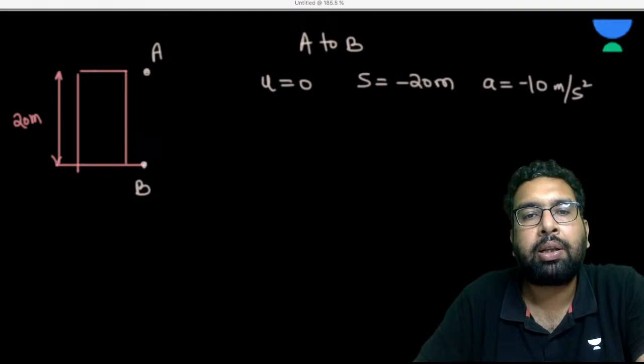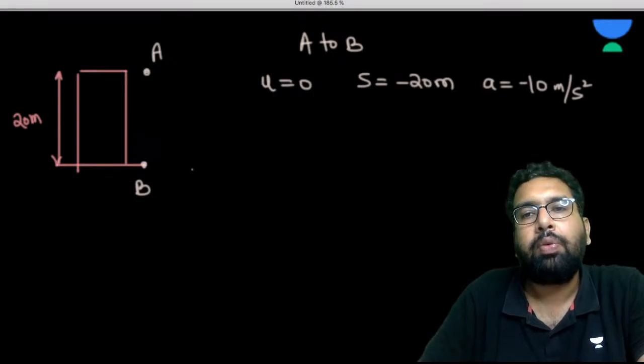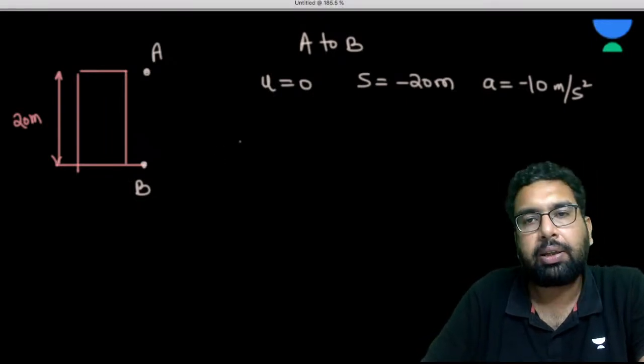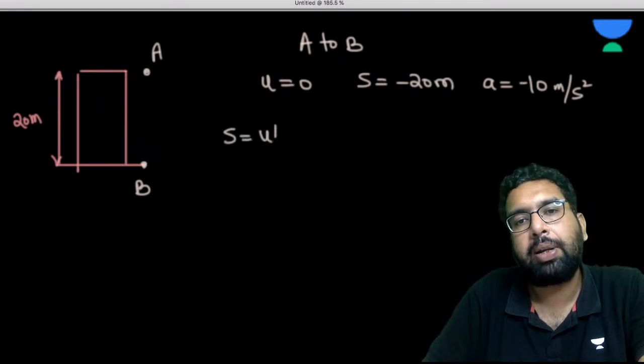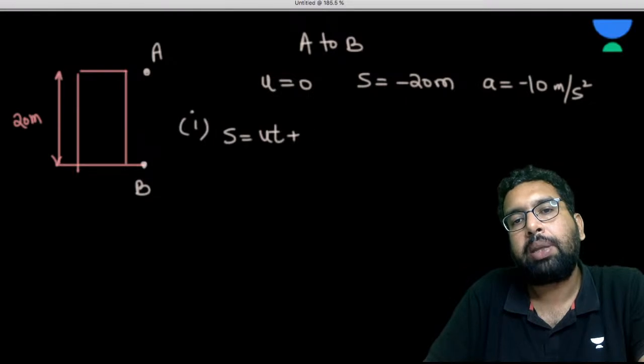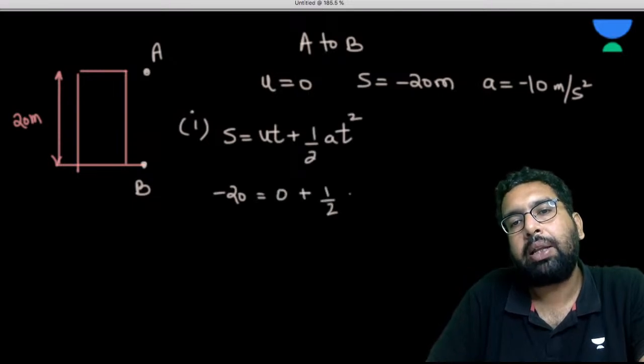We apply the equation S equals ut plus half at square. S is minus 20, u is 0, plus half times minus 10 times t square. So t is going to be 2 seconds.